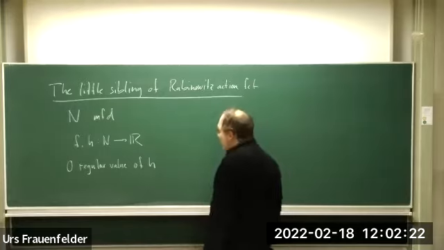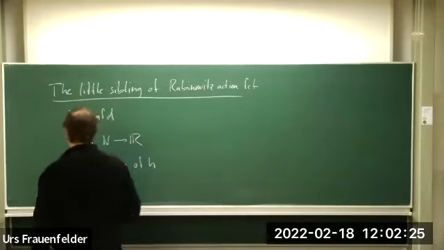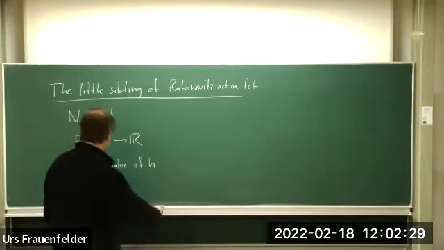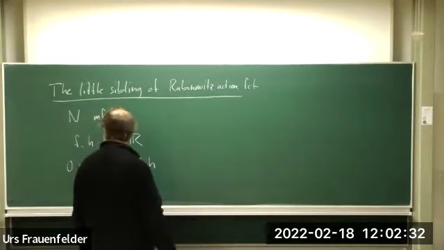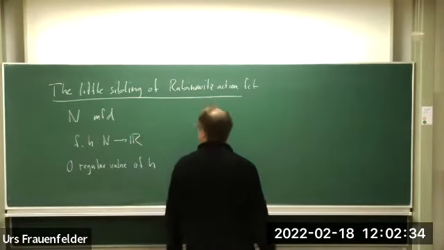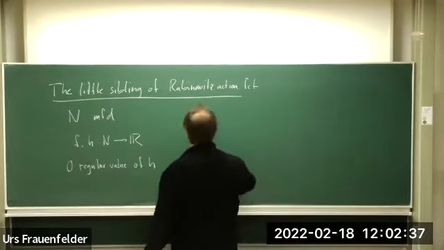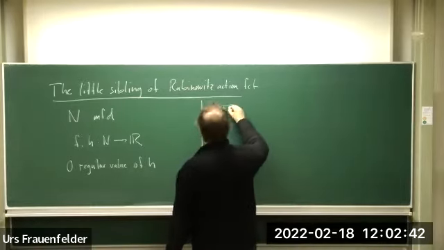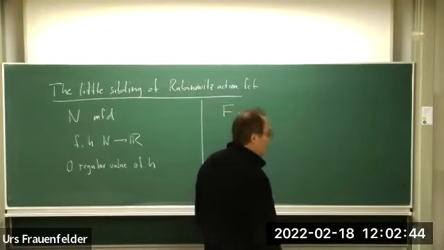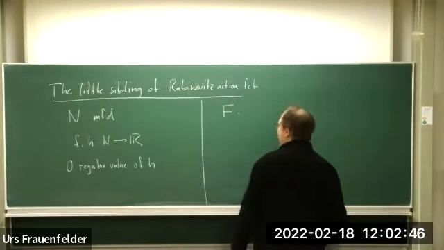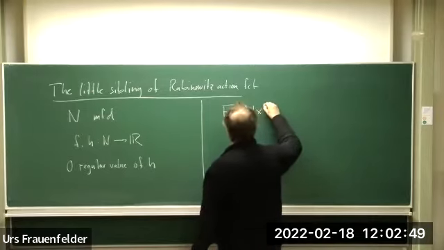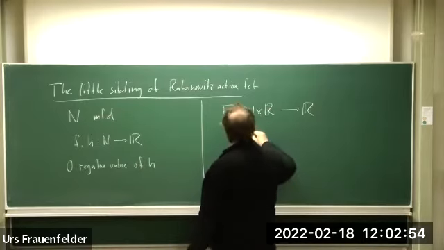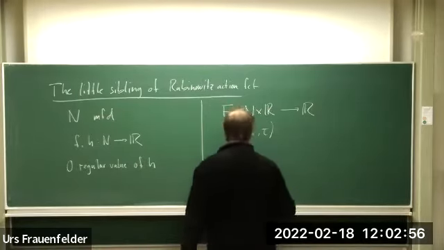And then, as you know, if one wants to look for critical points of f under the constraint given by h inverse of 0, there is this Lagrange multiplier functional. Let's call it capital F. Capital F is defined on N times R, and (x, tau) is mapped to f(x) plus tau h(x).